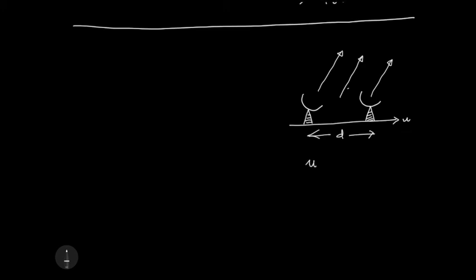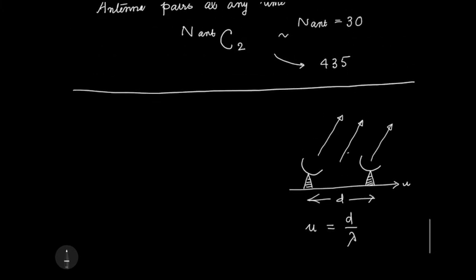But how much is U? U is D by lambda, but along a plane which is perpendicular to the line of sight. So this is my line of sight.